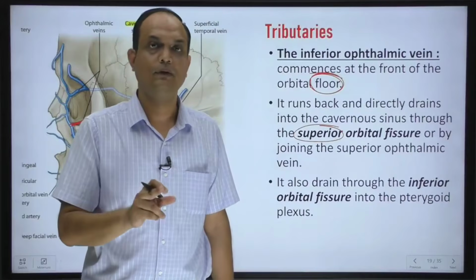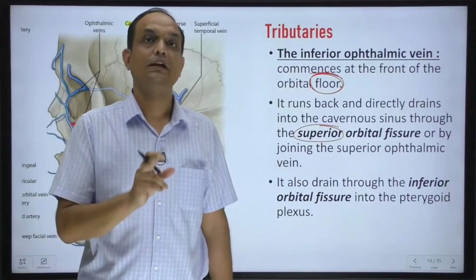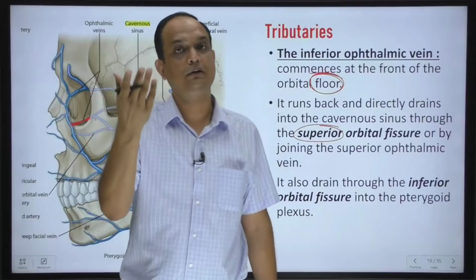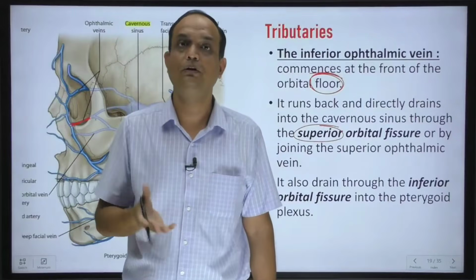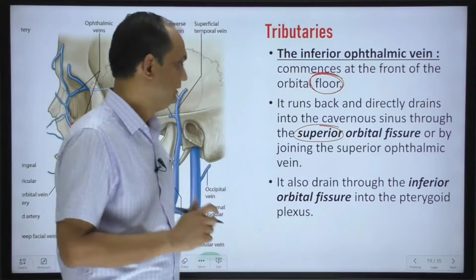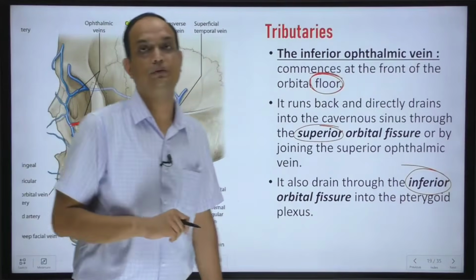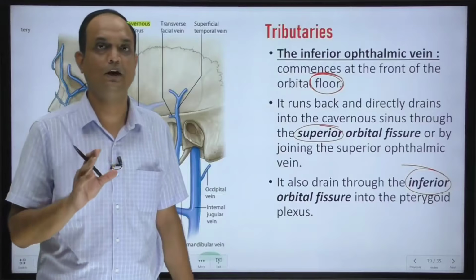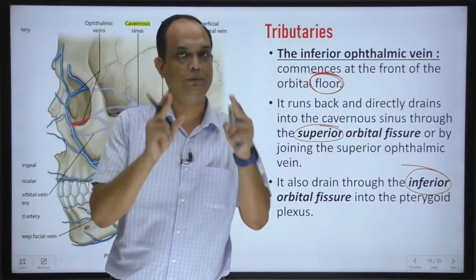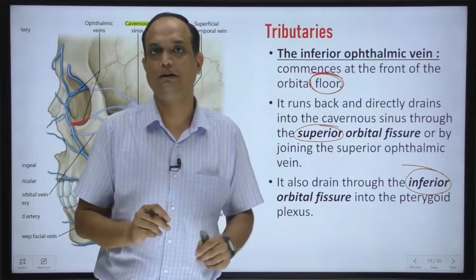But if the inferior ophthalmic vein, rather than entering into the cranial cavity, comes out into the infratemporal fossa, then it will take the inferior orbital fissure to come out. Are you getting this point? That there are two fissures, superior orbital fissure and inferior orbital fissure.